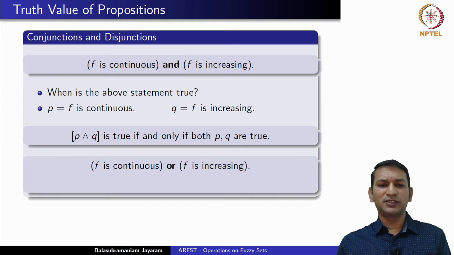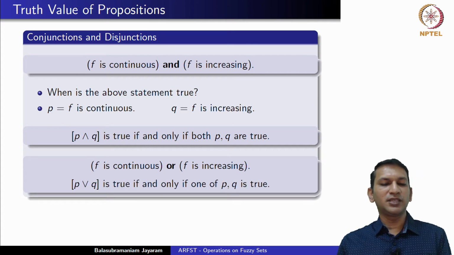Similarly, we can ask for the disjunction: f is continuous or f is increasing. So this is a statement that we are making. And if you ask, when is this statement true? It is equivalent to asking, when is P disjunction Q true? And we know that this is true if and only if one of P or Q is true. Perhaps both also can be true, but at least one of them must be true.